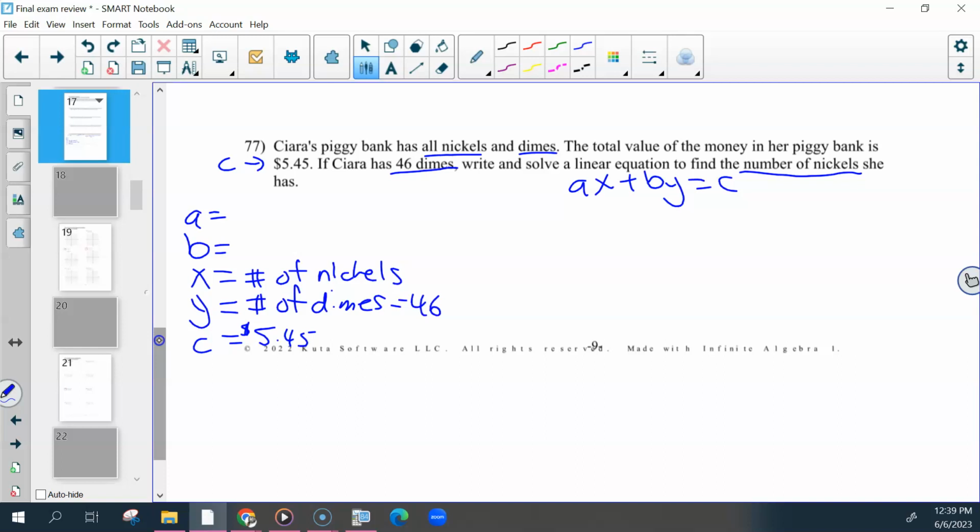Then whatever A and B are have to relate to X and Y. So A has to be something connected to nickels. It doesn't say this, but A would be the value of the nickels. And then B would be the value of the dimes.